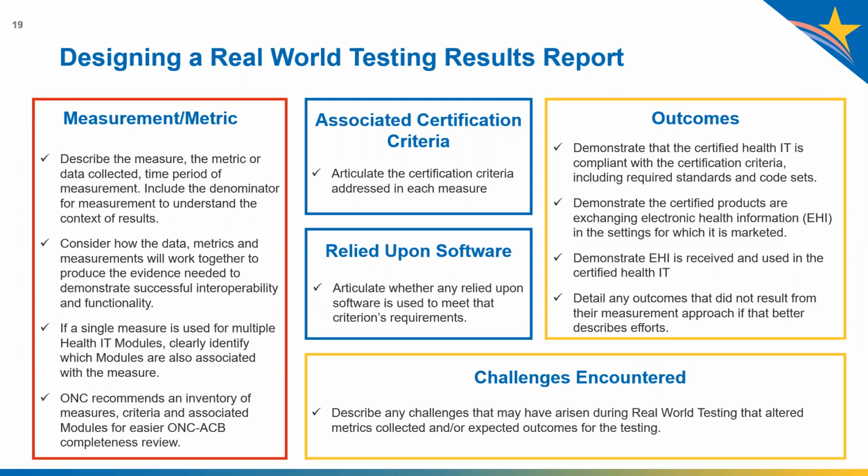Now, we do have in this table two, if applicable, boxes, and that's on the relied upon software. And I want to talk a little bit about relied upon software, because we want to make sure that when we say that the real world testing covers the full scope of the criterion that you're considering, any third-party relied upon software that was used to meet the original certification requirements for the original testing and certification process is sort of considered like a bundle, if I could put it in more layman terms, and it must be used together, because that third-party relied upon software assisted in meeting those certified capabilities.